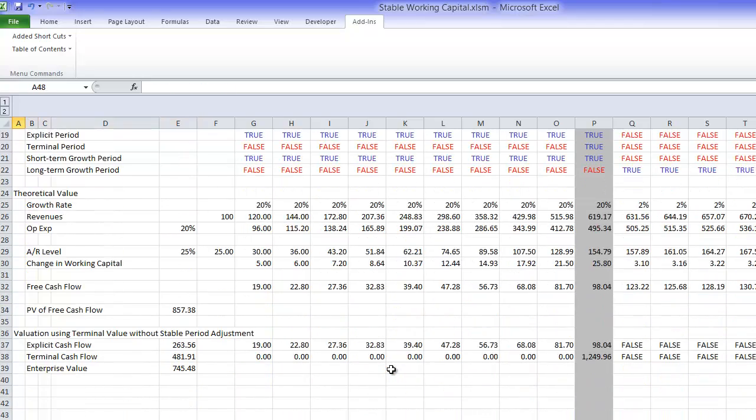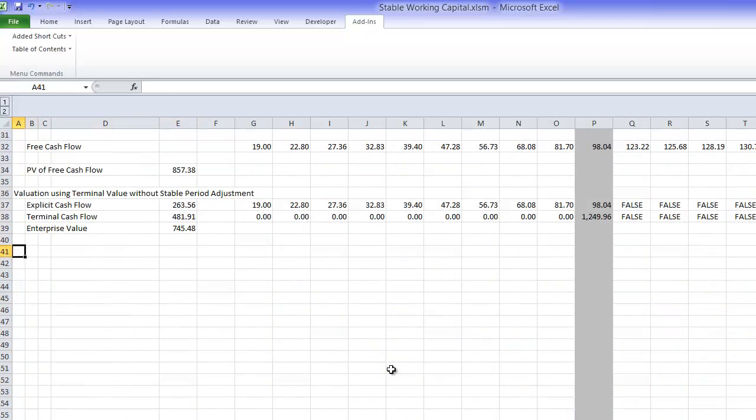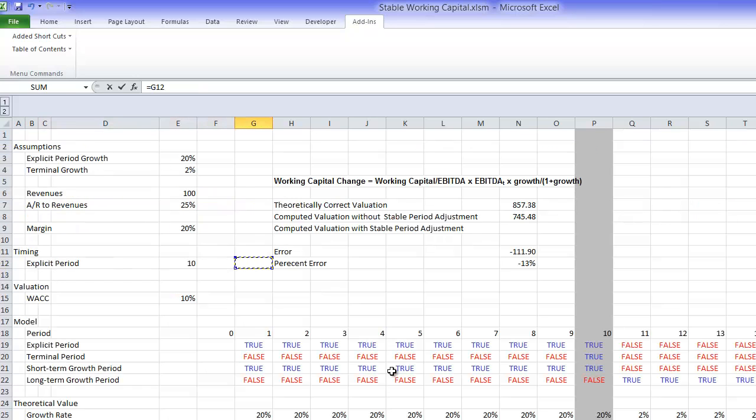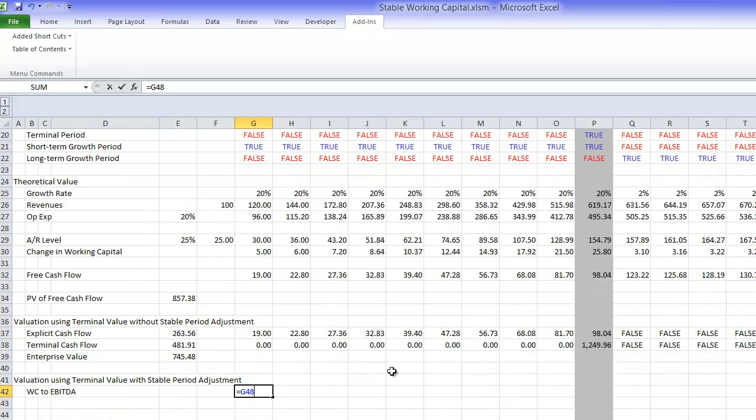Okay, now to correct this problem, we'll put valuation, and this time with a stable period adjustment. To get the stable period adjustment, we're going to compute the stable period working capital. Let's first put working capital to EBITDA. That's the first thing we need to compute, and that should be constant.